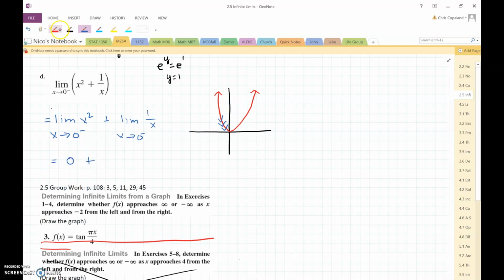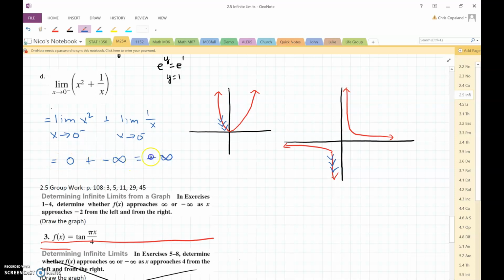All right? And then if I graph the function, this is the reciprocal function. It's going to look like this. Okay? And again, if I look at this function as x is approaching 0 coming from the left, this is going to equal negative infinity. So 0 plus negative infinity, that's going to be negative infinity.